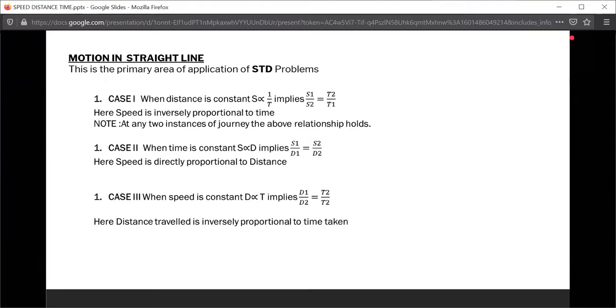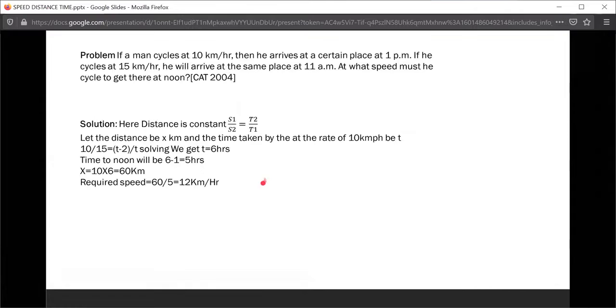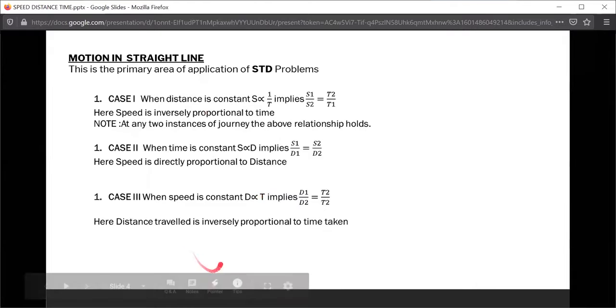Primarily, in speed distance time problems we will be concerned with motion in a straight line. So let's see what are the different possibilities. When we talk about two instances of a journey such that the distance traveled is the same, in such a case we can say that the speed is inversely proportional to time.